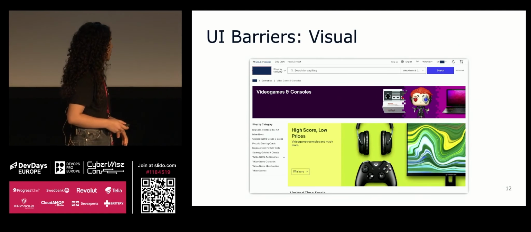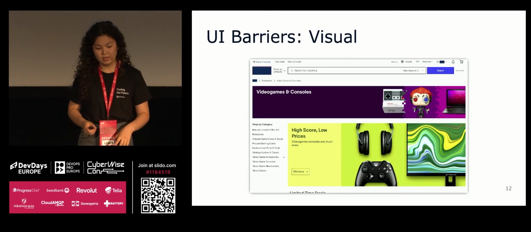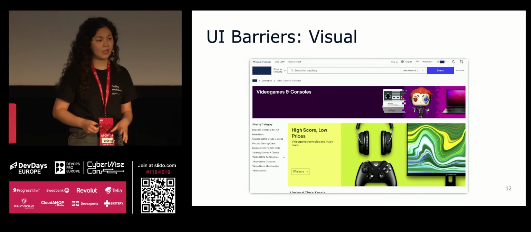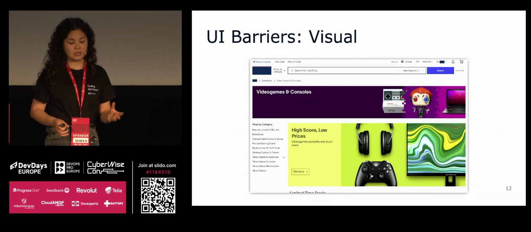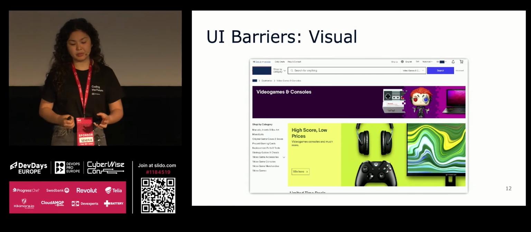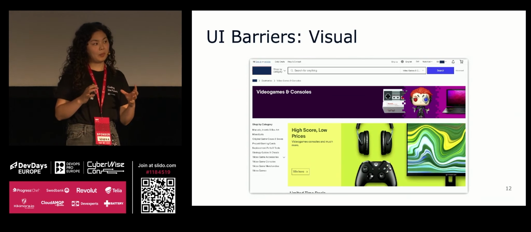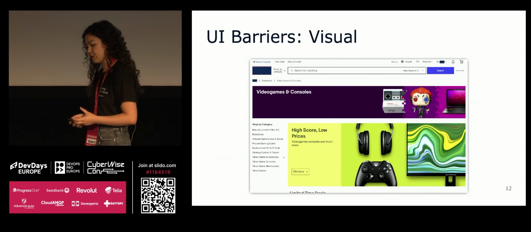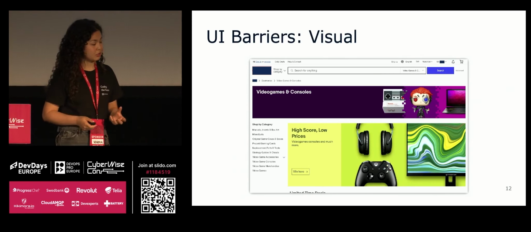Here I made a recording of navigation inside a typical e-commerce website. Why did I do that? Because not all users with visual impairments can partially see. They rely on assistive technologies such as screen readers to navigate.